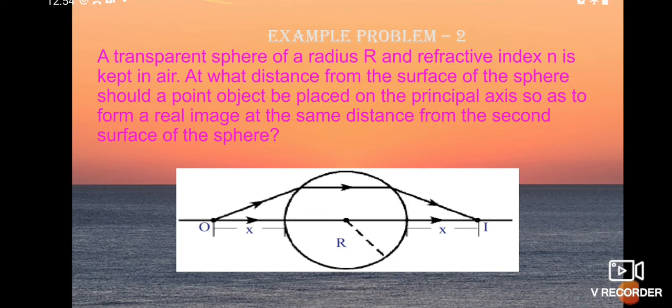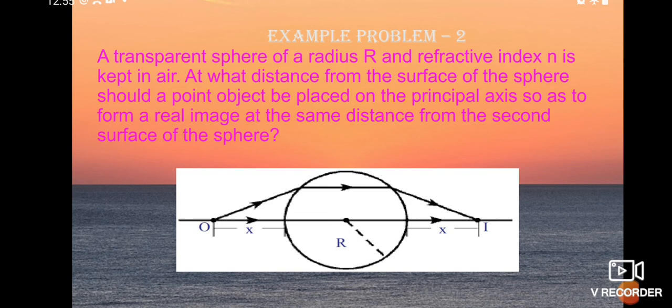So by joining the two normals we get the ray parallel to the principal axis. When we draw the normals to the two assumed rays, the line where the two rays meet is considered parallel to the principal axis. Okay students?